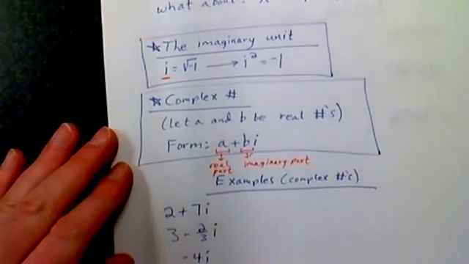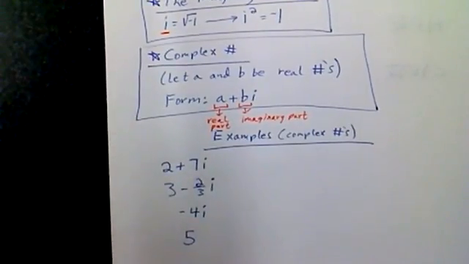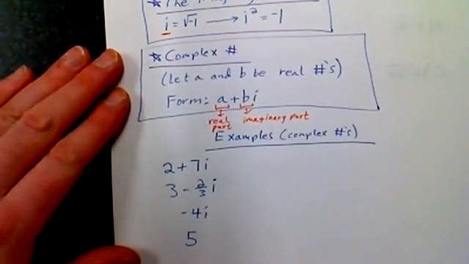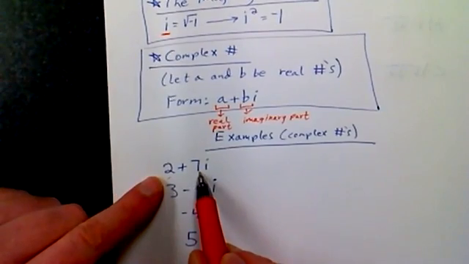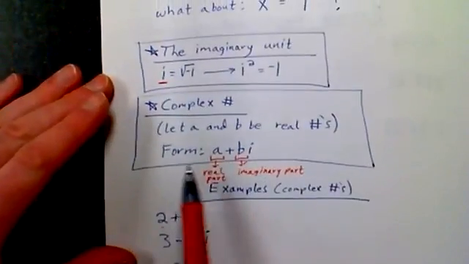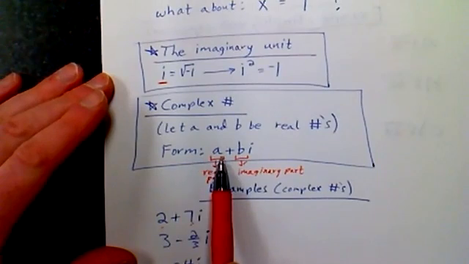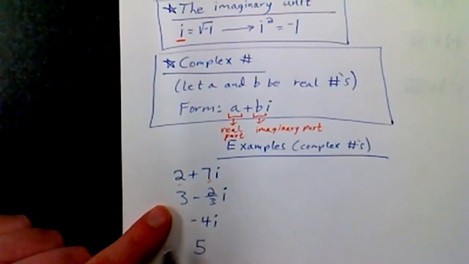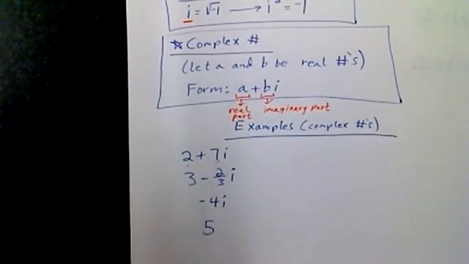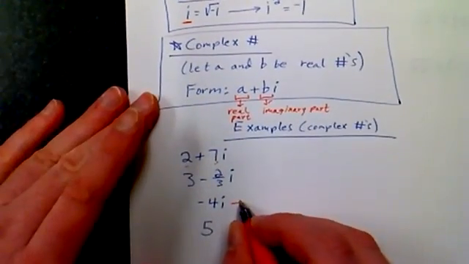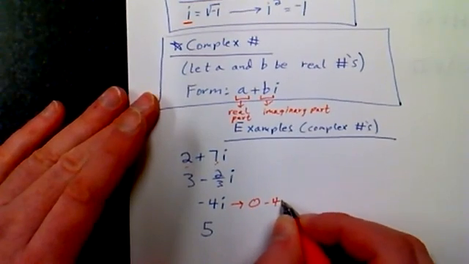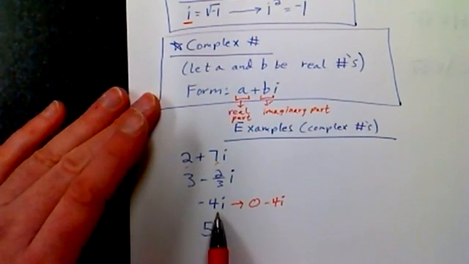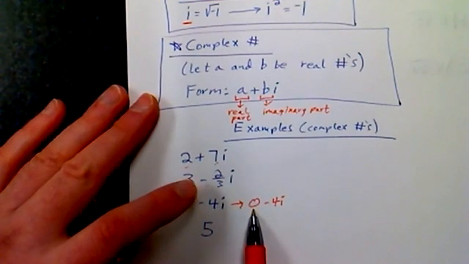So I just want to show you a few examples. Here are some complex numbers. 2 plus 7i has a real part of 2 and an imaginary part of 7. Notice that it's in this standard form, a plus bi. 3 minus 2/3 i, same idea. As long as this is a real number right here, that's fine. I could even have square root of 2 right there. Down here, negative 4i is the same as 0 minus 4i, so this is also a complex number with a 0 real part.